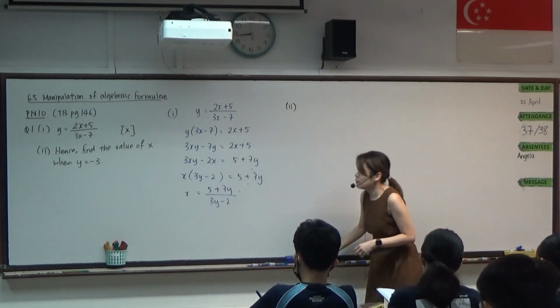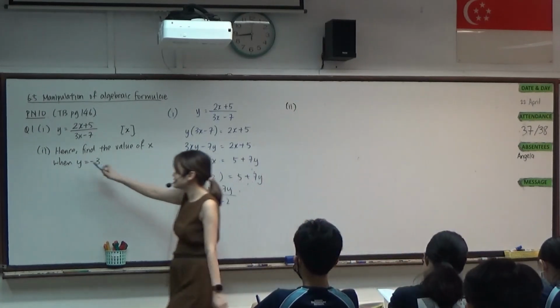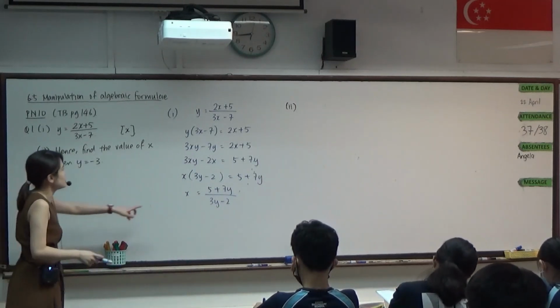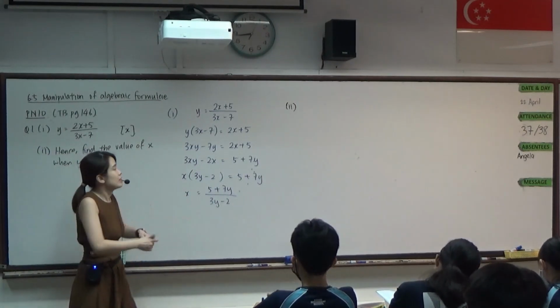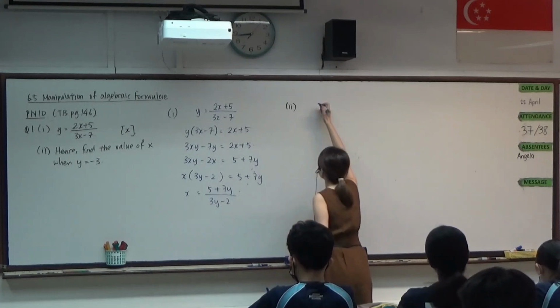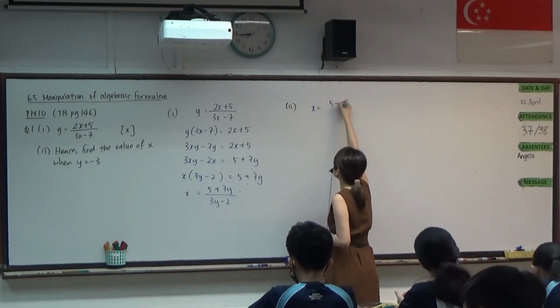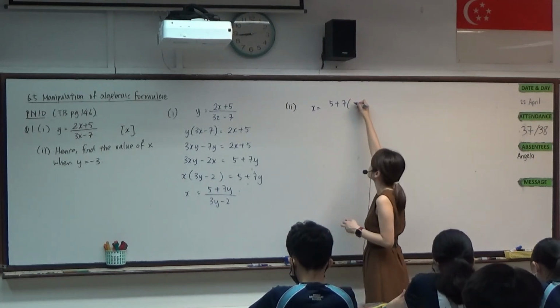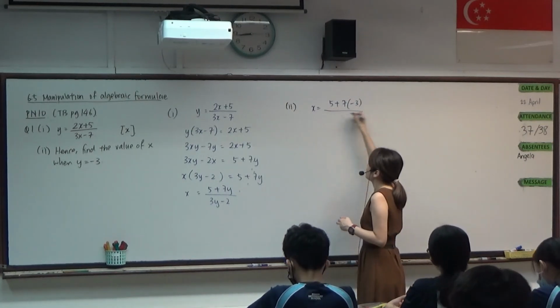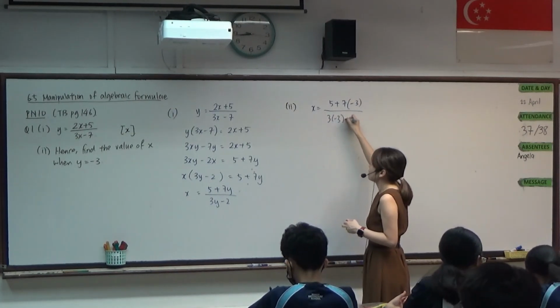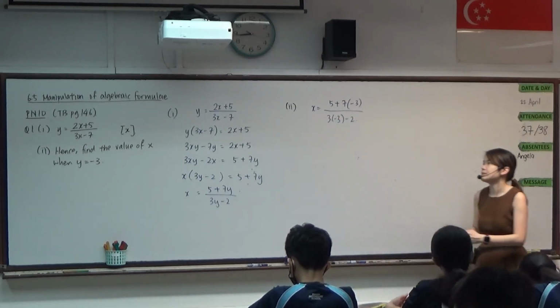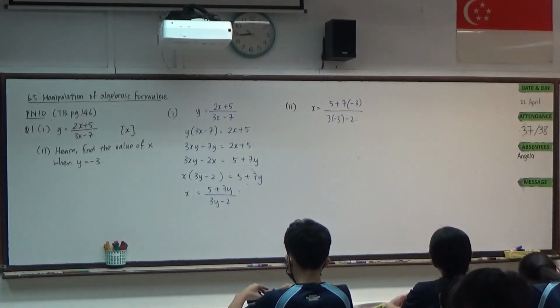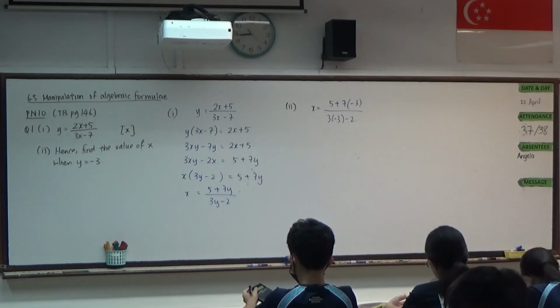With the indication of hence, it means that we must use our answer in part 1. How do we use it? We simply use x equals 5 plus 7y, where y will be replaced by -3, divided by 3 times -3 minus 2. Then we can place it in our calculator.